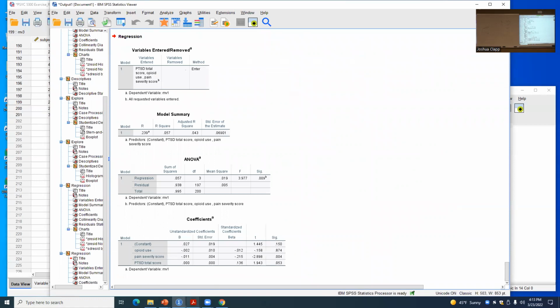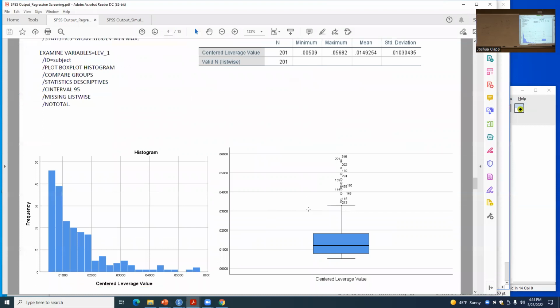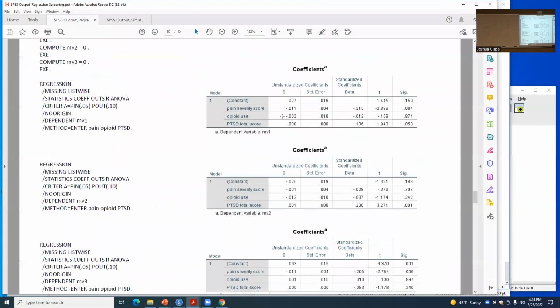And what it's going to tell me is, here's my first one. What I can do is look at this and start to see what variables are predicting that indicator variable, my MV1 variable, which identifies the case with my largest leverage.